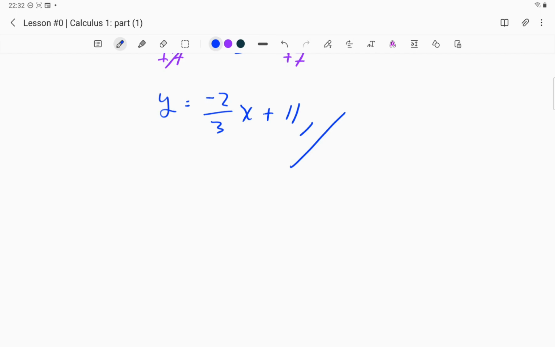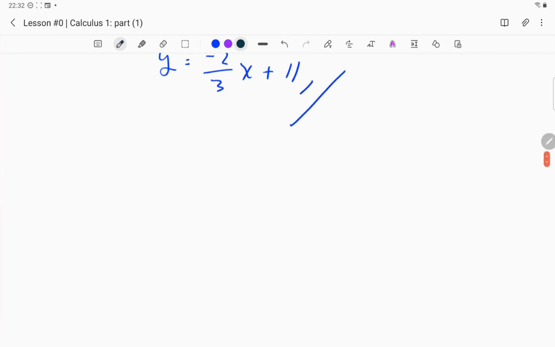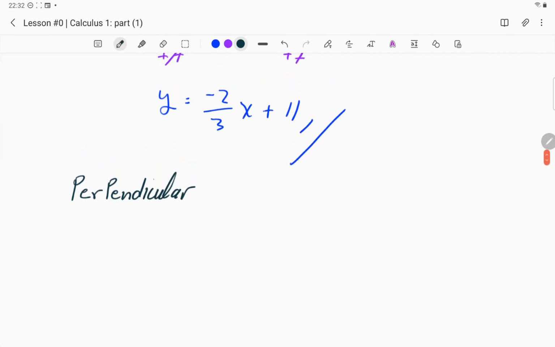So if we want to find the perpendicular line, after getting the slope, let me actually write the stuff down, for perpendicular. I probably messed up the capitalization on the P, but let's go for perpendicular lines.